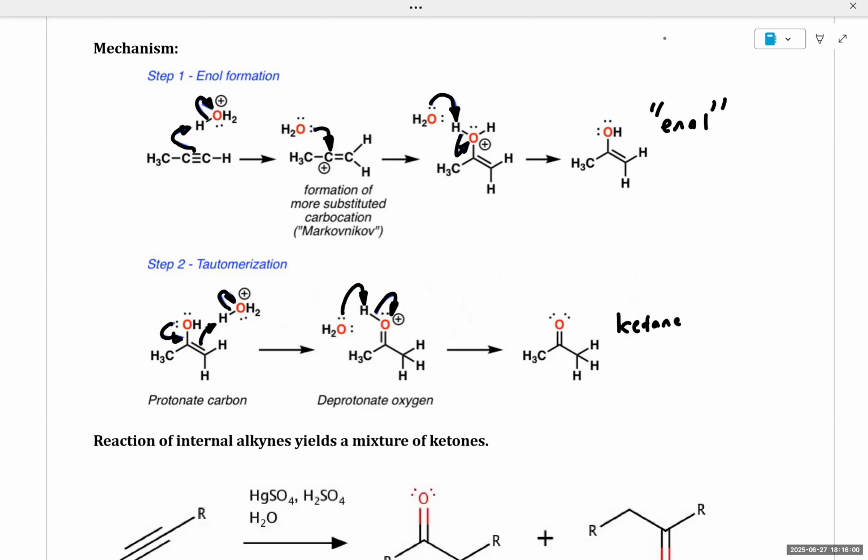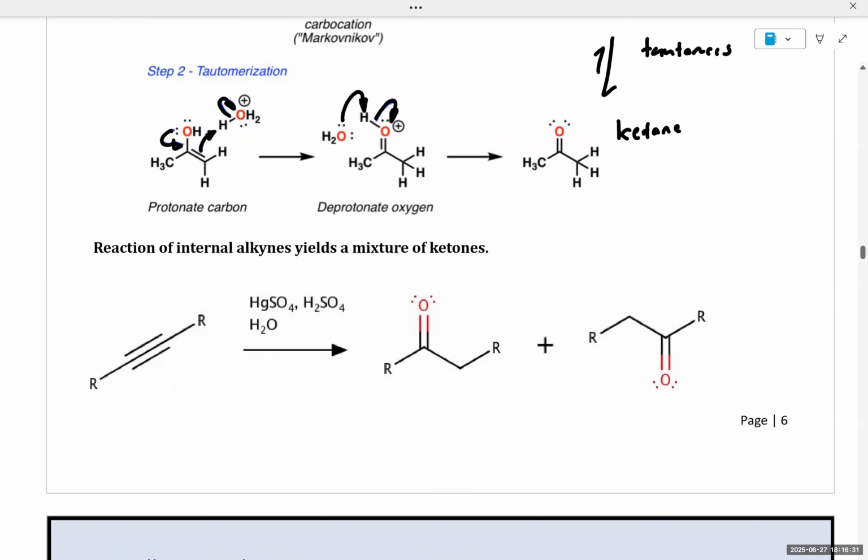As a reminder, tautomers are interchangeable under acidic and basic conditions via a proton transfer. Let me draw these arrows more to scale. So whenever you get an enol, it will almost always tautomerize to the ketone, with some niche exceptions that we'll talk about later.